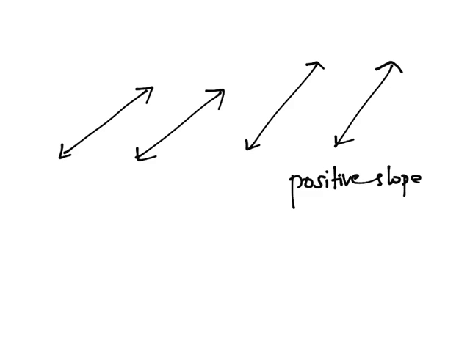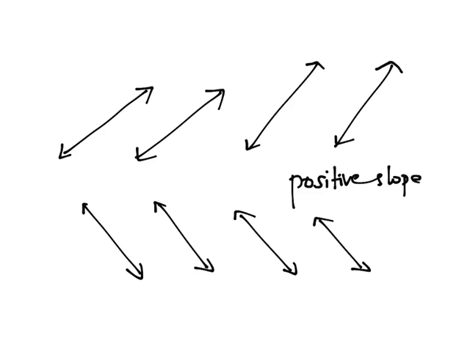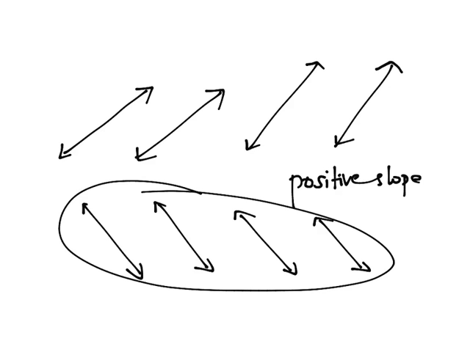Let me not go into that. So all these kinds of lines will have positive slope, and if the lines look like these, then all these 4 lines that you see here down will have negative slope, right? Good.